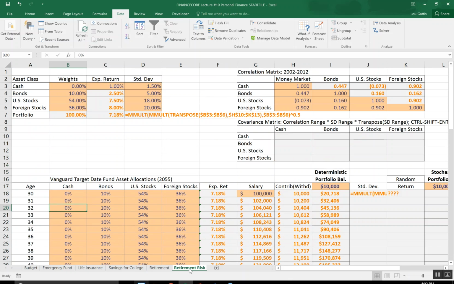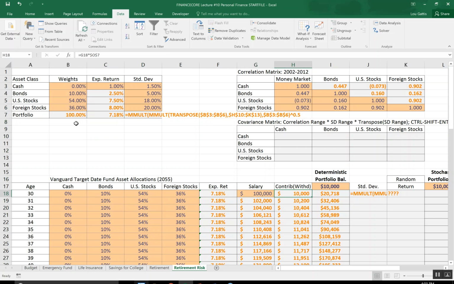How I'm going to do that is I first need to assume that the portfolio returns are going to be normally distributed. I'm going to assume that each asset class return, cash, bonds, stocks, and foreign stocks, is normally distributed with these means. And then the portfolio is going to have this mean return. And then I'm going to calculate the standard deviation of the portfolio every year.